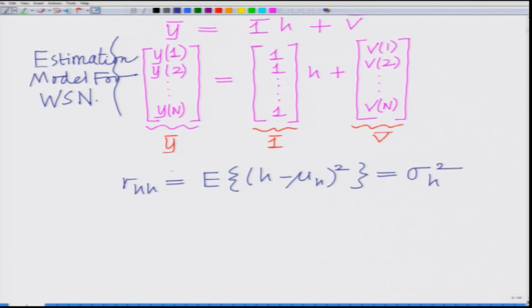And more importantly, you remember we assumed h to be Gaussian with mean mu h and variance sigma h square. So, h, the prior distribution, what is this?